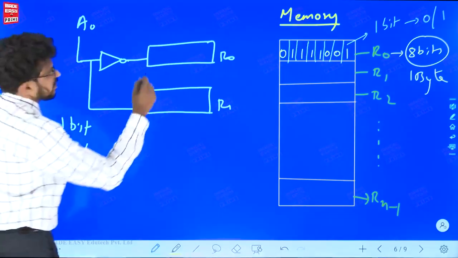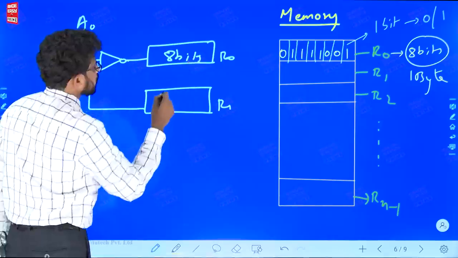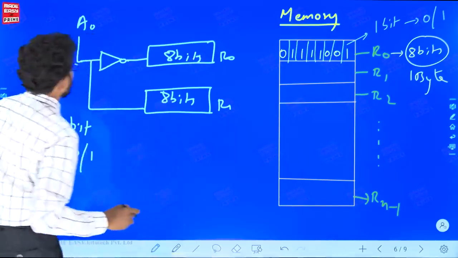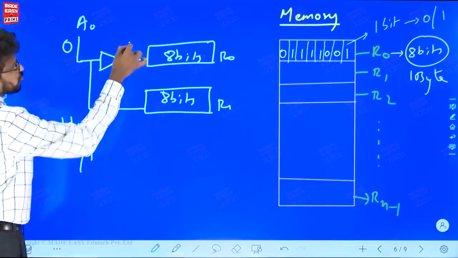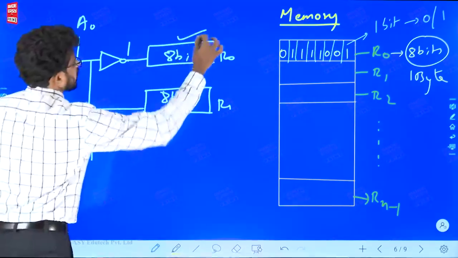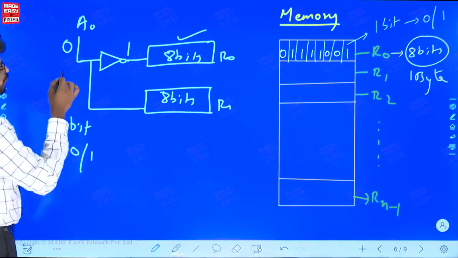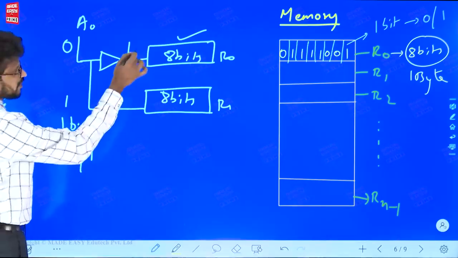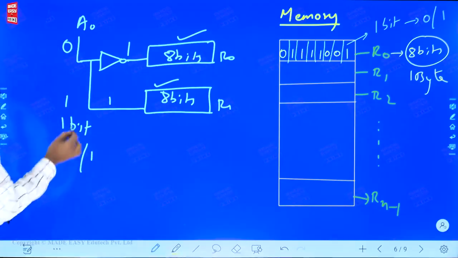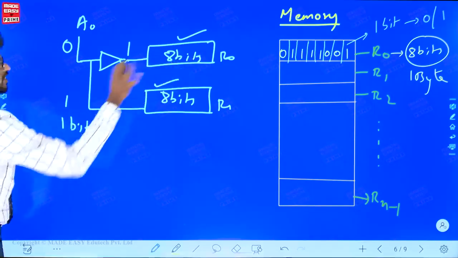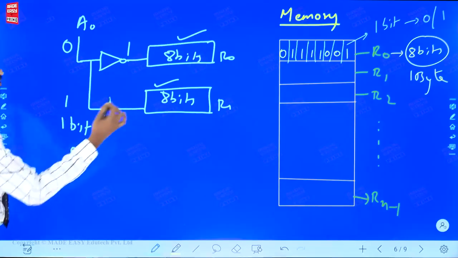Each register has got 8 bits, that is common. If the address is 0 on this particular line, it goes through the NOT gate, it becomes 1. So the first register is selected. If the address is 1, then this will be 0, and the second register will be selected. So for 0 address, the first one is selected. For 1 address, the second one is selected.